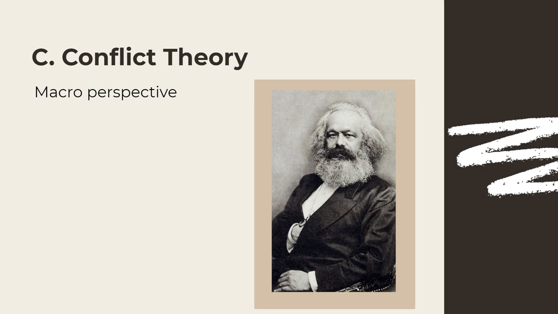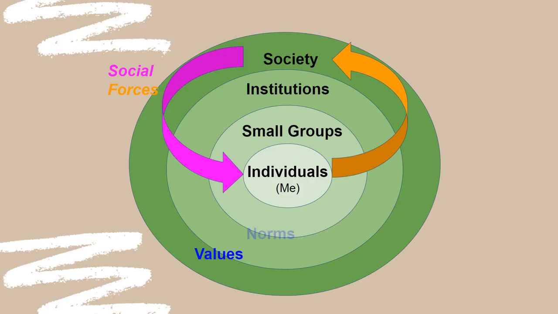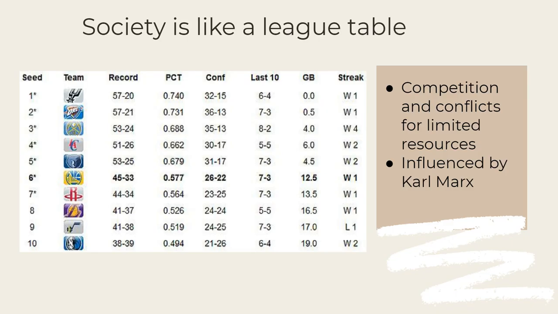Okay, next theory, or paradigm, is conflict theory. It was highly influenced by Karl Marx, and he looks at society from a macro perspective. So that is, from looking at institutions, for example, looking at a social level rather than looking at individual level.